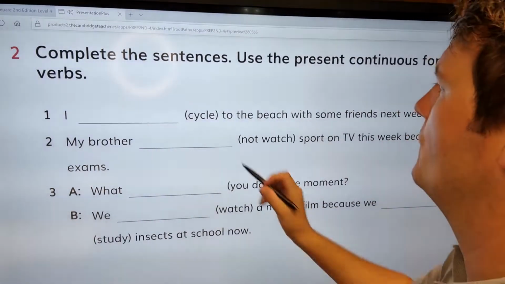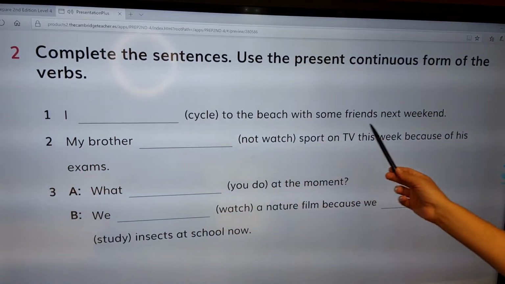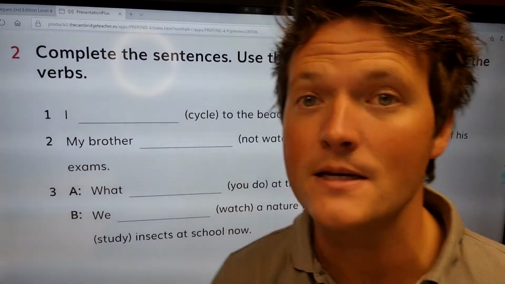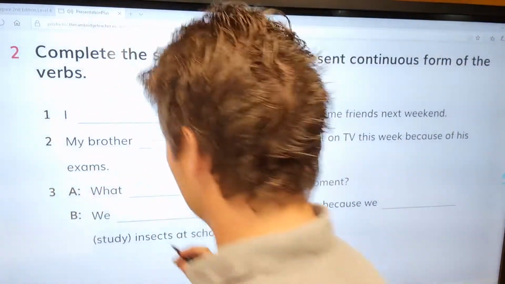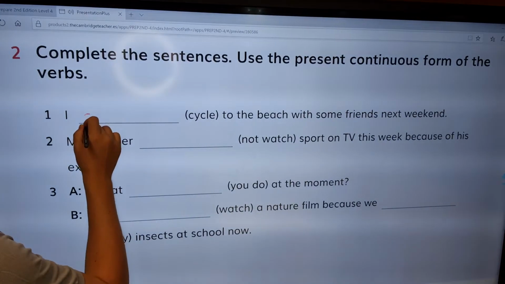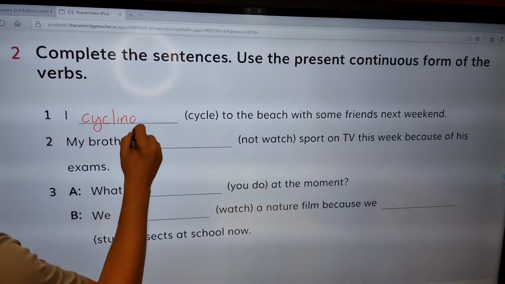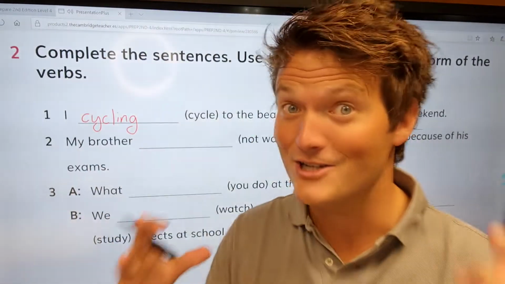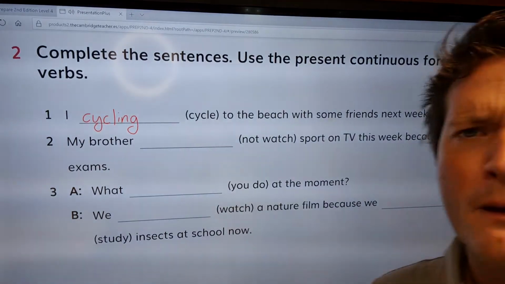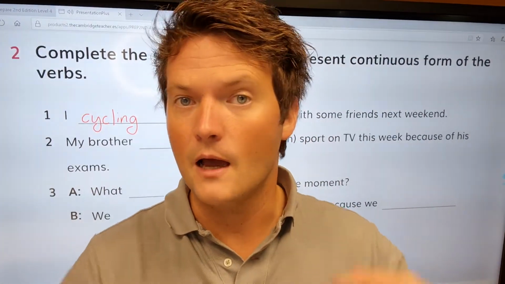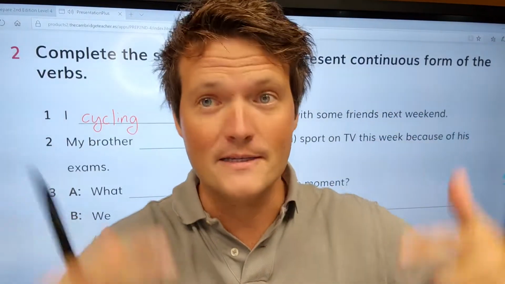Right, good. So, first, number 1, "I cycle to the beach with some friends next weekend." It's a future plan. It's what I'm going to do. This is a very strange sentence, I think, for some people, particularly at B1 level. If you're trying to translate this into Spanish especially, this is a really difficult one to translate. But basically, what does that mean? It means that next weekend, I'm going to go with my friends to the beach.